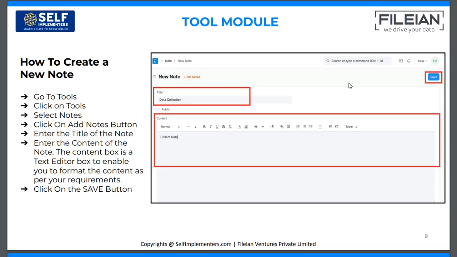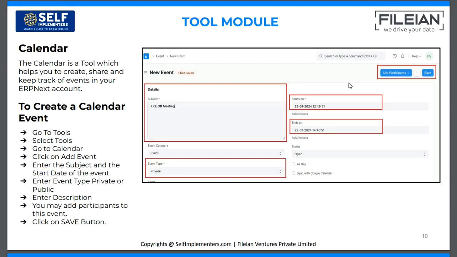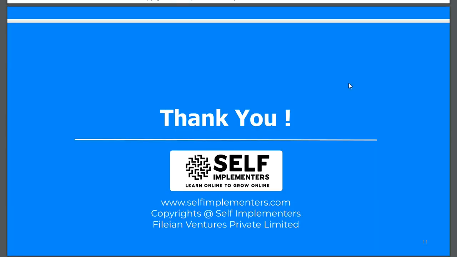We will create one note and assign that note to a particular employee. Also we will set calendar events and add n number of participants for that event. We will also see the event type of the calendar event, whether it is private, public, like that.